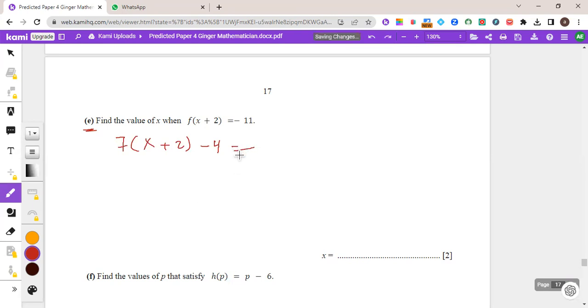Then you simplify it, expand the bracket, yes? It will be x plus 2 equals negative 1 after simplifying, then x equals negative 3, okay?